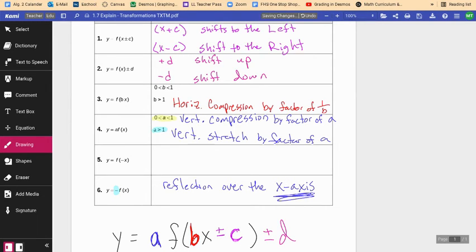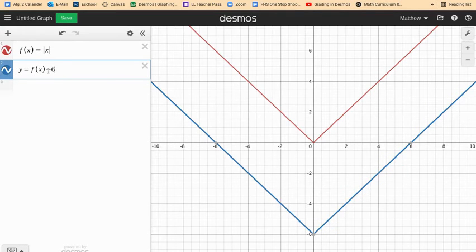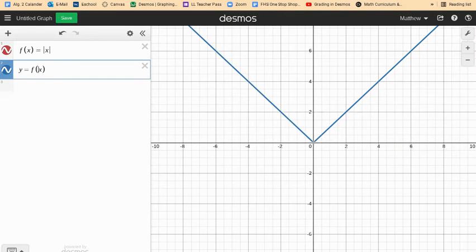Okay, so that's what makes this kind of tricky, right? So what do I mean by that? Now B sits right here in front of this X. If I say B is greater than 1, like it's a 2, it kind of looks like it did when we did the vertical stretch, but we have to understand in our brain that that B is a horizontal compression. So we're squishing it together sideways, so it's getting narrower and thinner than the original graph, right?